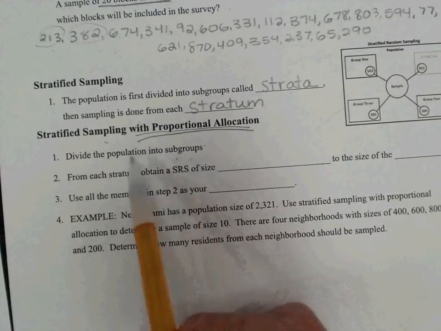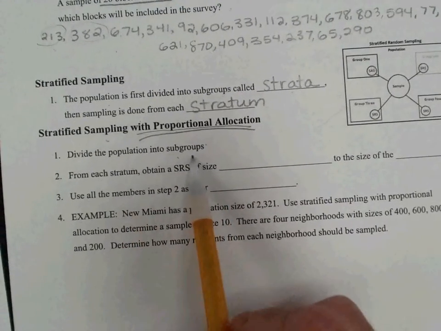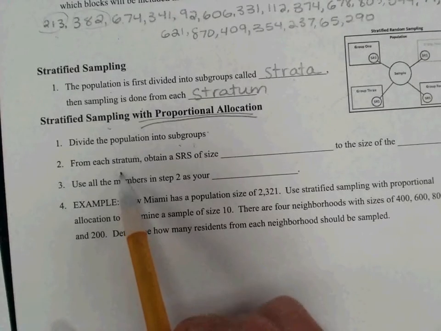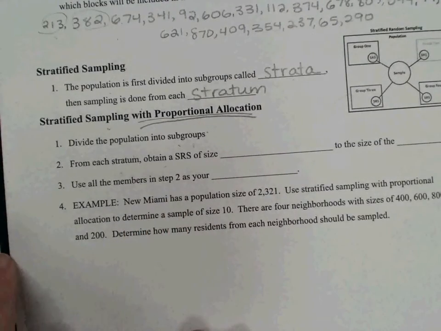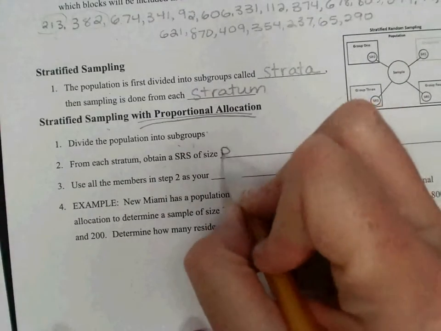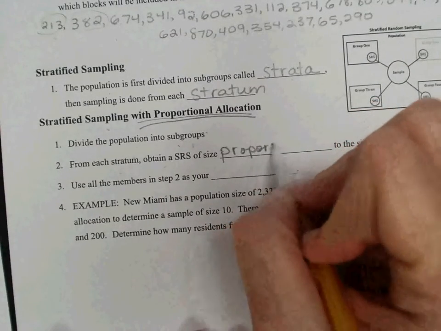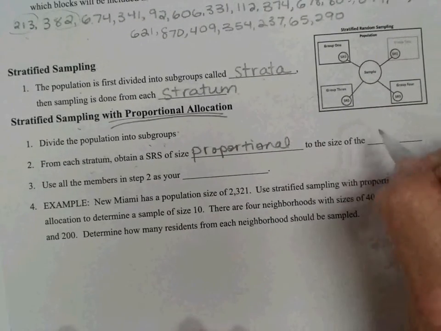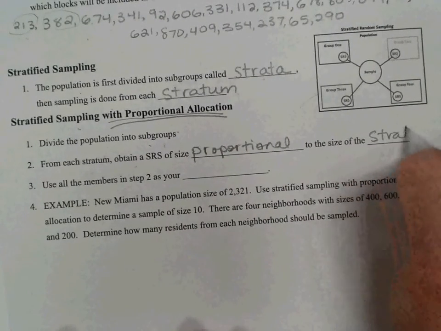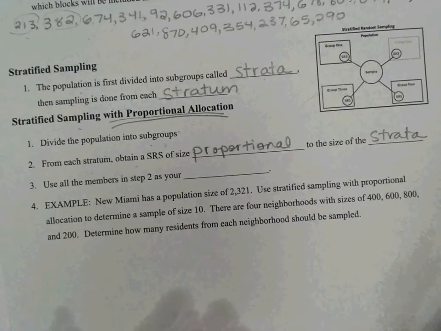So once the population is divided into subgroups, from each stratum you would obtain a simple random sample of a size that is proportional to the size of the strata. So that makes it more fair.